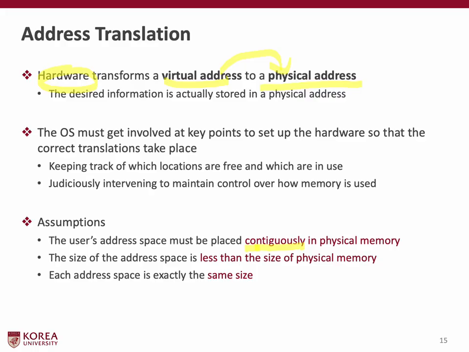Second, we assume that the address space size is smaller than the size of the physical memory. And lastly, we assume that all address spaces are exactly the same size. Of course, these assumptions are just for simplification. We will later see how to remove these assumptions one by one.